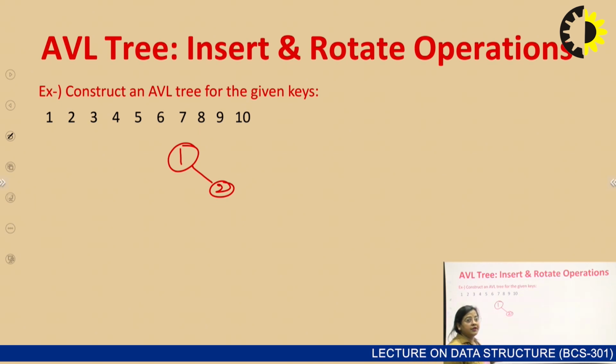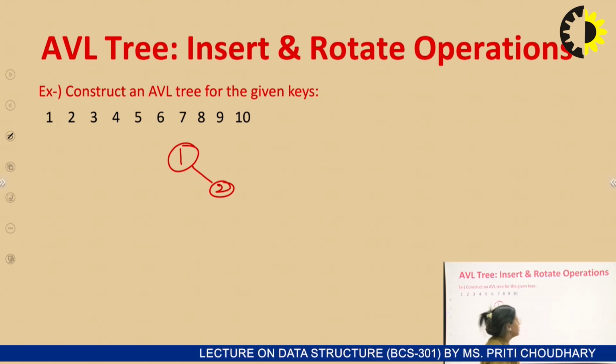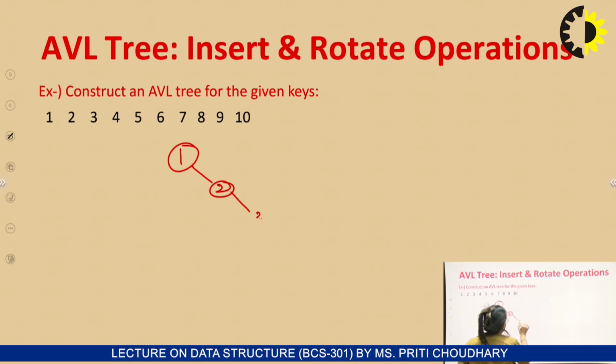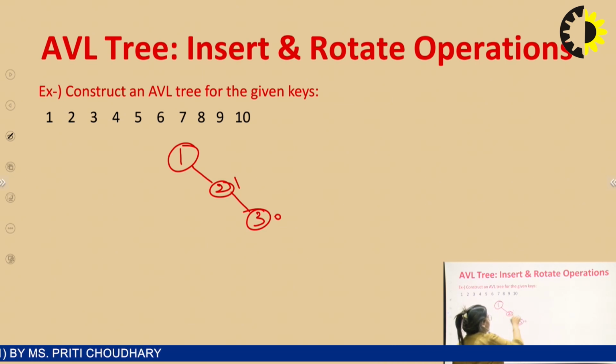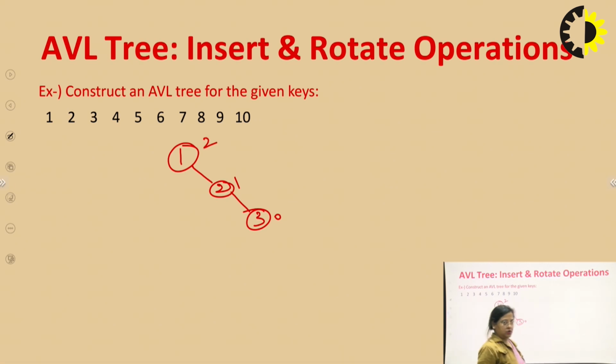Now comes to 3. According to BST, where will 3 come? On the right side of this number. Okay. Again check balance factor. So according to this balance factor is 0. Here balance factor is 1 because right minus left is 1. But here balance factor is 2. But which type of rotation is required here?